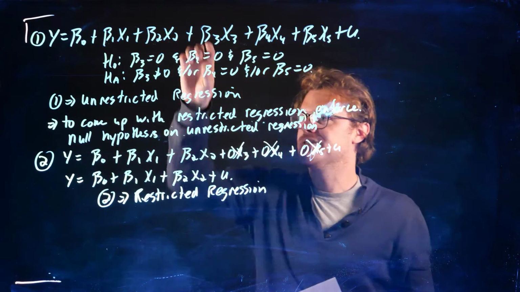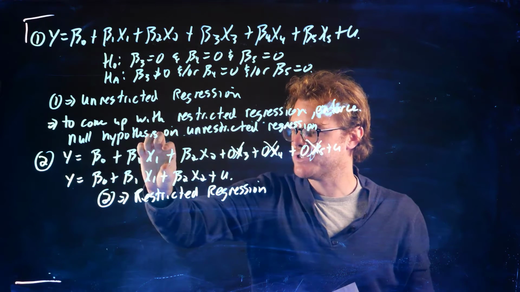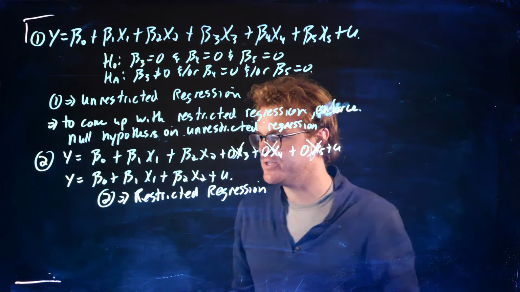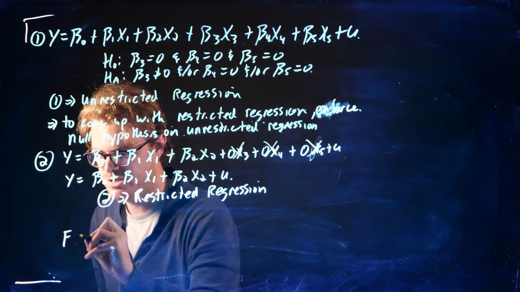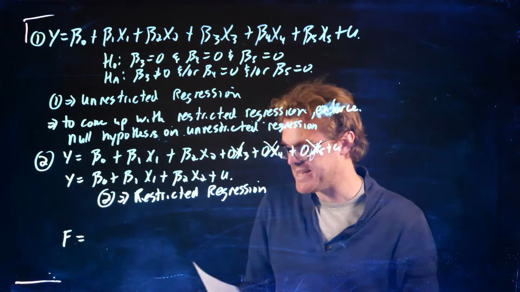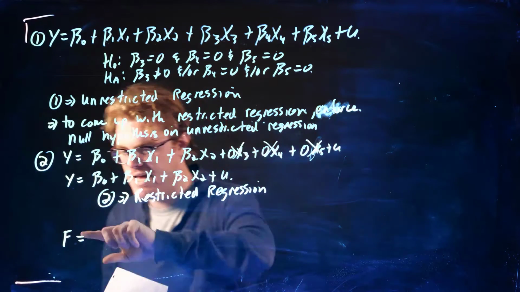All right, so we have this unrestricted regression and this restricted regression, and with these two models, we're going to come up with our test statistic, and it's going to be an F statistic.